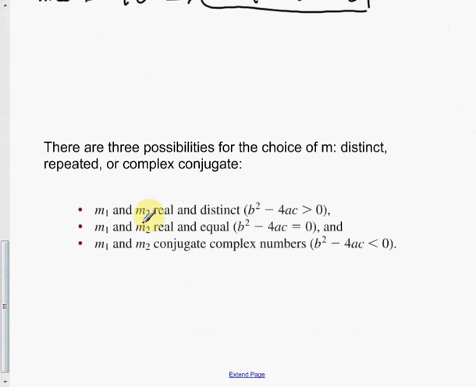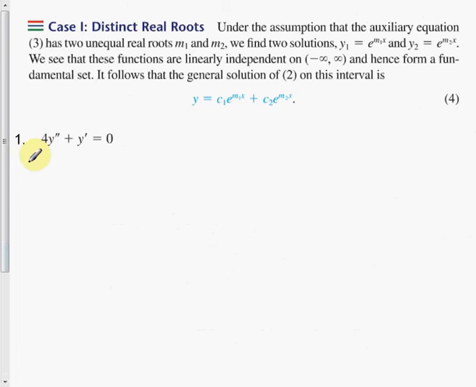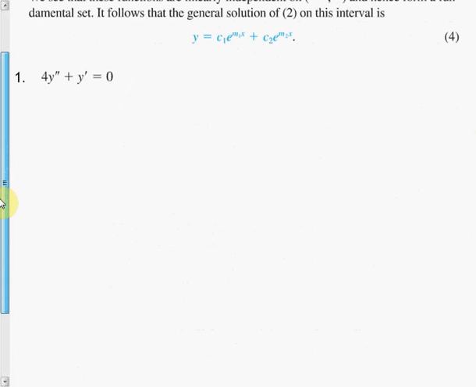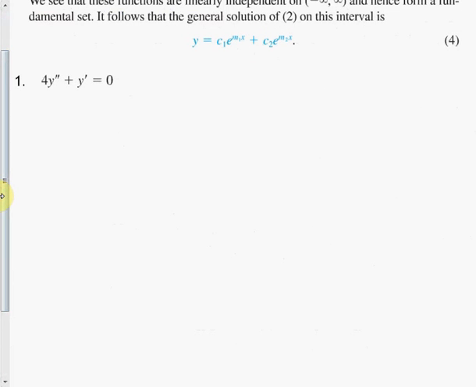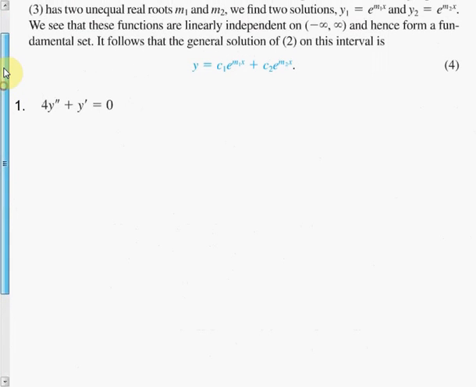So if they're real and distinct, then let's look at that. And that's just the one problem that I'll work, number one, and then I'll be through for today. And I'll give you a problem that you need to know how to do, because you just may see this again. Well, let's see here.